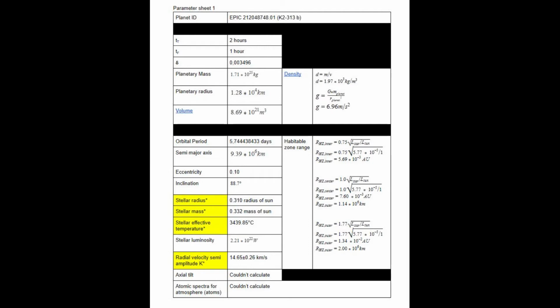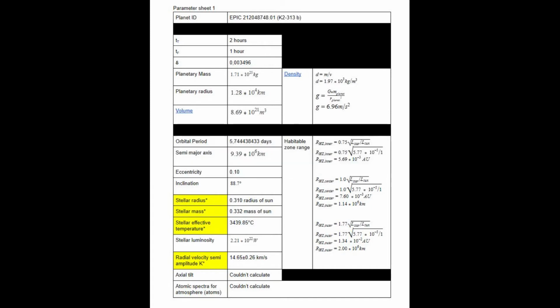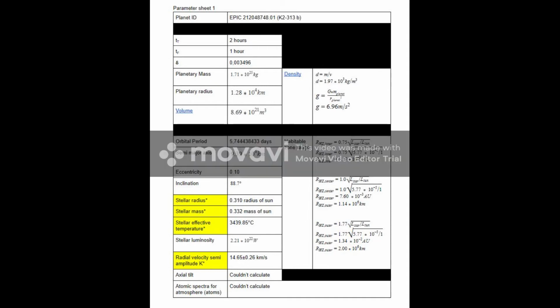The radial velocity semi-amplitude K, which is the velocity of an object with respect to a given point, is the rate of change of the distance between the object and the point. We have the axial tilt that couldn't be calculated, which is the angle between an object's rotational axis and its orbital axis.